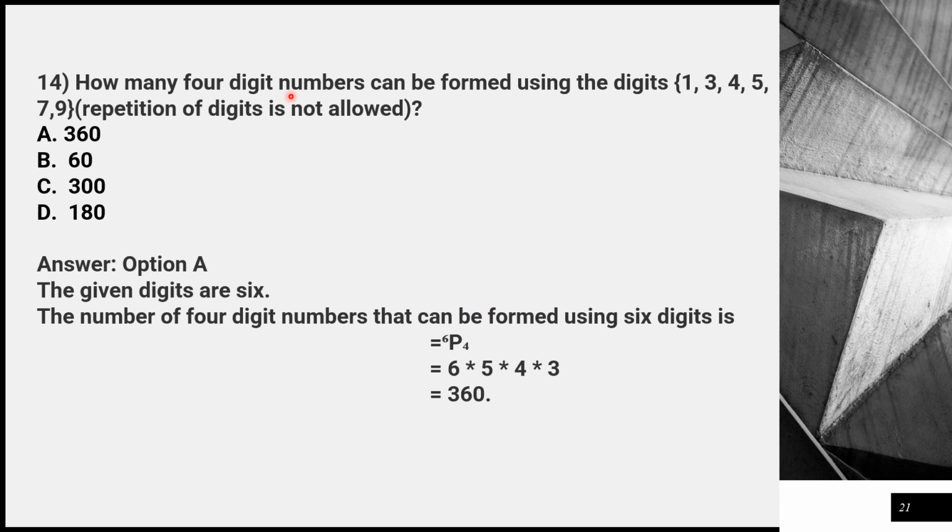So since repetition is not allowed, obviously permutation comes into the picture. Totally there are 6 digits, out of which 4 digits should be chosen. So it is simple, 6 into 5 into 4 into 3, that gives 360. So the option is A.